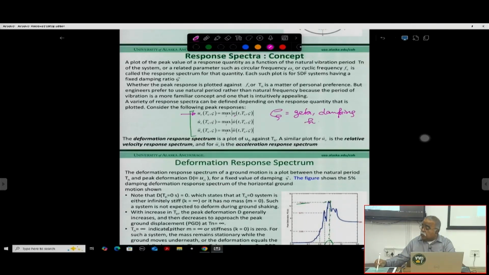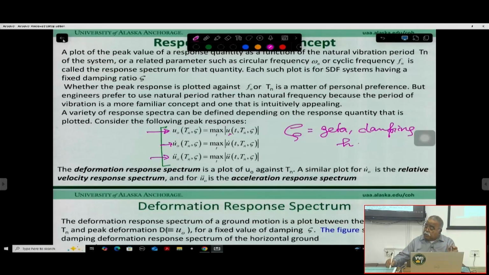Now, if you calculate the U dot, then you can calculate the maximum of U dot. So it is a peak value of U dot, right? And then if you can calculate U double dot, then that is equal to your, okay. So you have a ground acceleration.